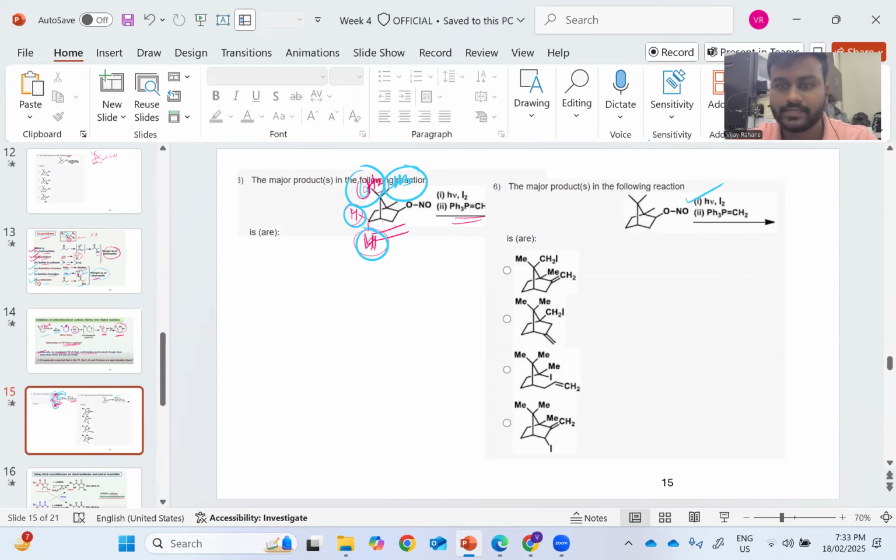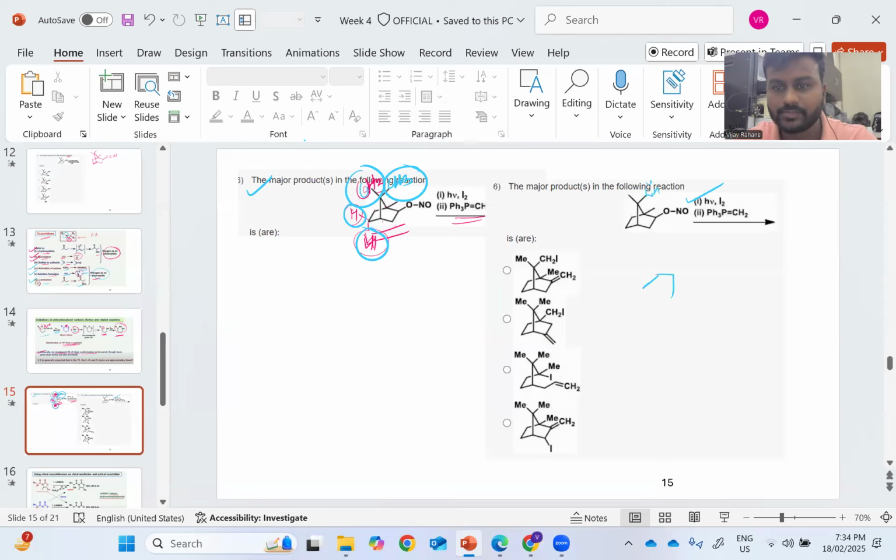we have been given hν and I2. I2 is generally used as catalytic, but not catalytic in this case. So the first step will be the OH bond formation, right? Then this Barton oxidation occurs. Preferably, it occurs at the CH2, this one.